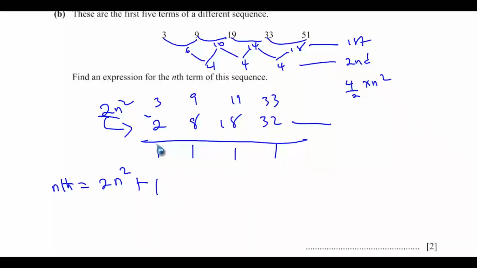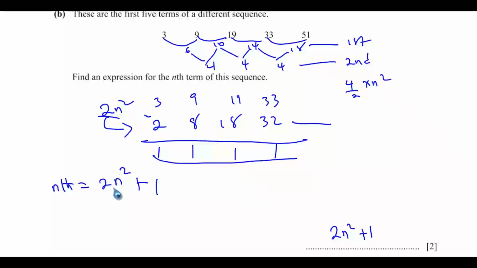Had it been that when we subtracted, we got a linear sequence, then we would have to find the nth term of that linear sequence and add it to this. But since we have a constant here, we just have the nth term to be 2n squared plus 1.